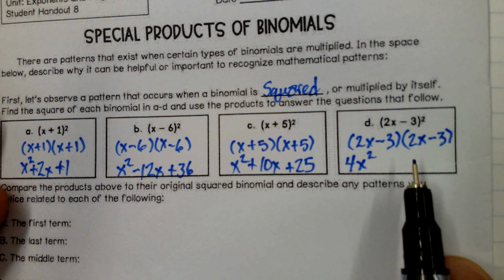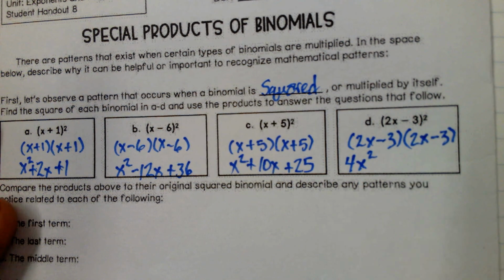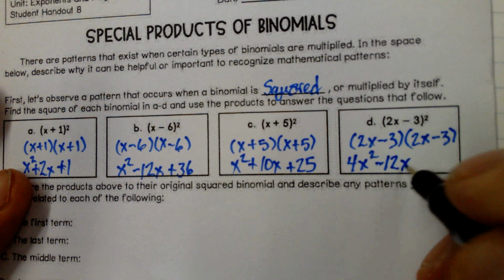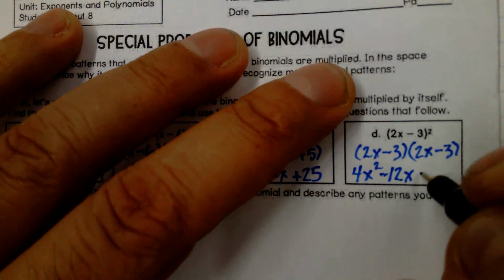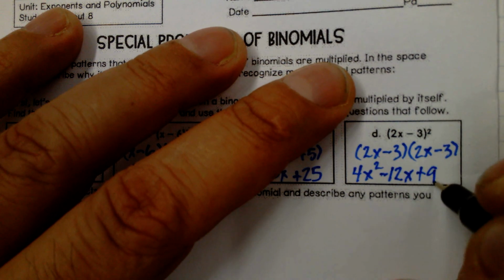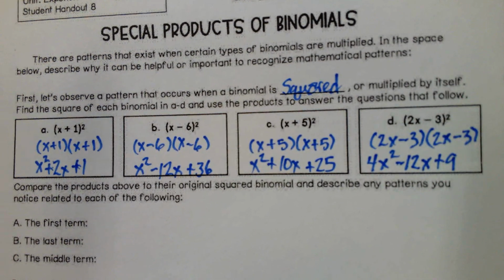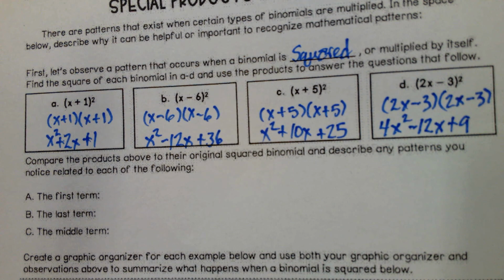If I do the inside, it's negative 6x. Negative 12x, yeah. Hopefully you start seeing a pattern that we're always doing there. And then negative 3 times negative 3 is plus 9. And this is the harder of the two patterns, by the way. Okay. So there we go.